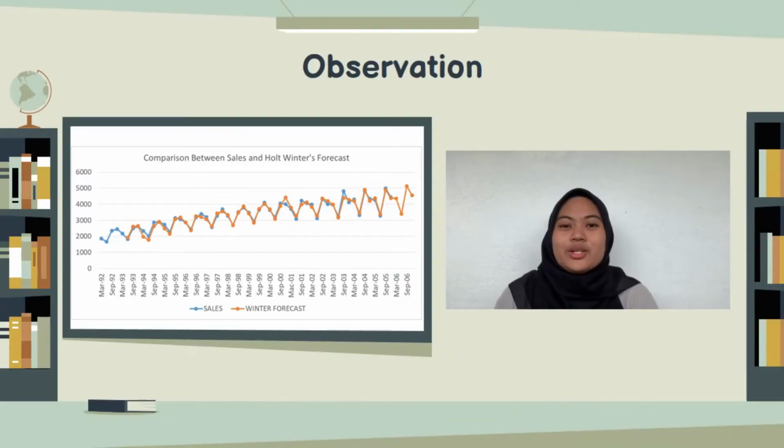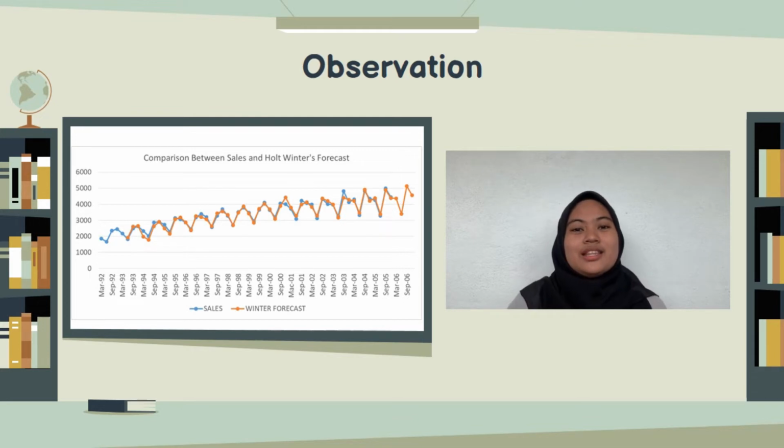I'm Munirah, and I would like to continue with my part, which is observation. Based on the graph, it shows the comparison between the sales and the Holt-Winters forecast for retail sales in a bookstore on a quarterly basis from 1992 to 2006. We can see that the sales and the Holt-Winters forecast go up and down and also follow each other. For example, sales data and Holt-Winters data in December 1998 decreased and increased together until 1999.